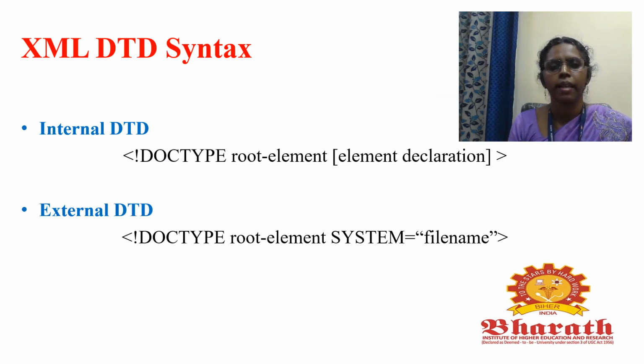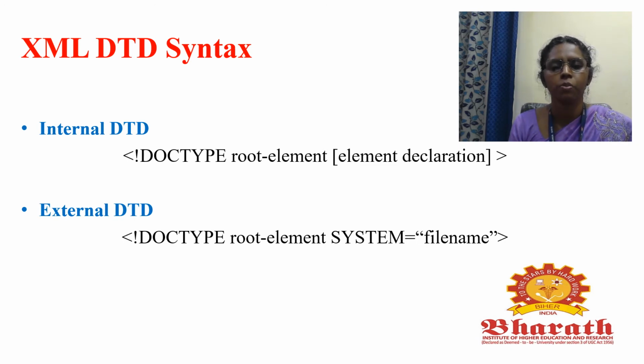So what is the syntax we are following to represent internal DTD as well as external DTD? In the internal DTD, we have to mention exclamation mark, document type, then root element, then element declaration. Any number of declaration we can specify. Then we have to close with a closing angle bracket. Then in the case of external DTD, document type, we have to specify the root element.